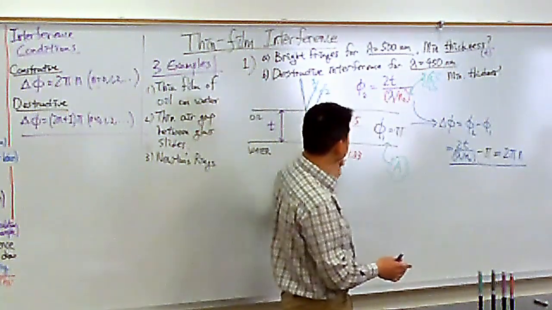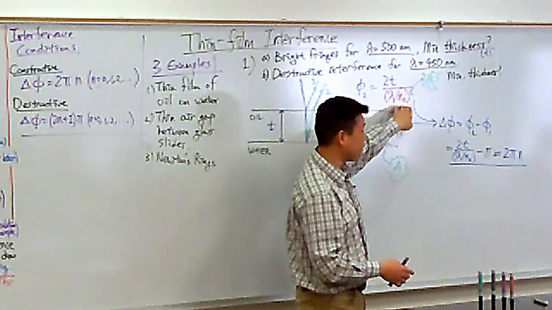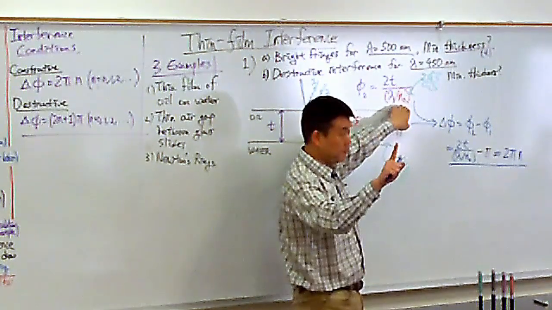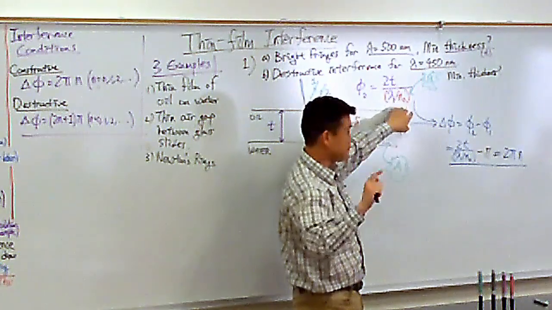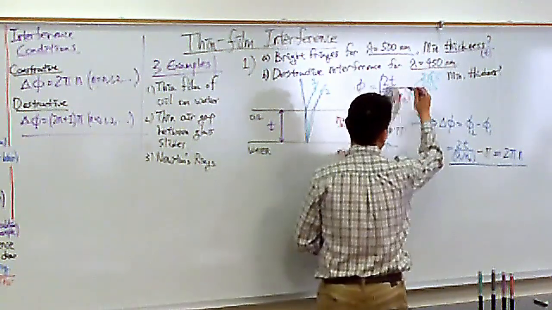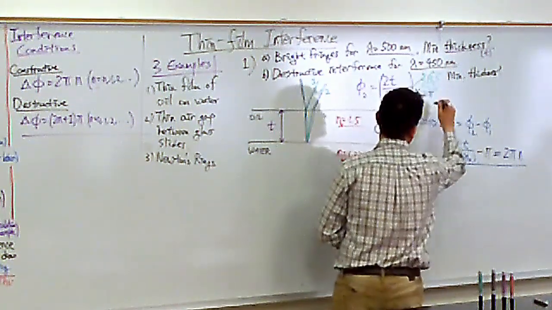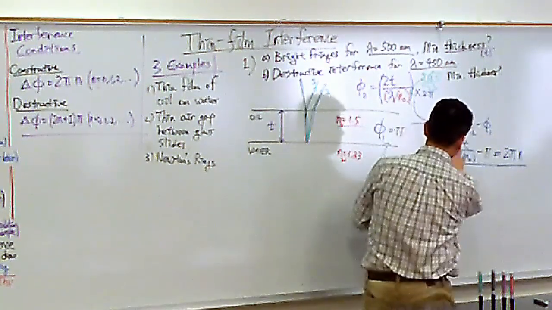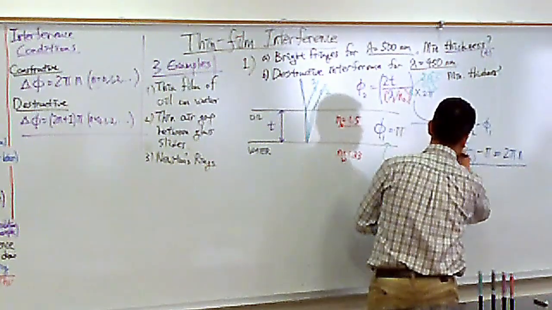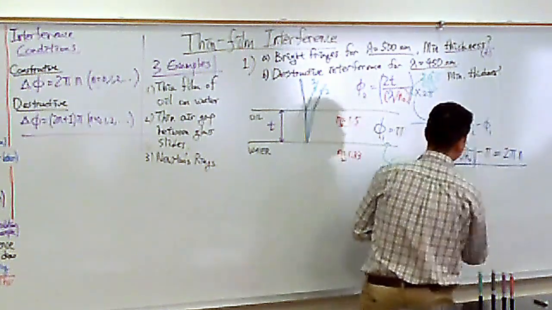So if twice the thickness is exactly the wavelength, then it would have been 1. But in units of radians, what I need is 2 pi, not 1. So what I need here is the whole thing times 2 pi. Yeah, thank you. I kind of missed that. So there should be a factor of 2 pi times all of this. Good.